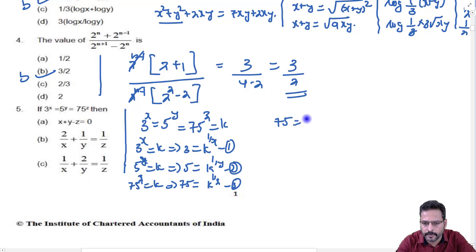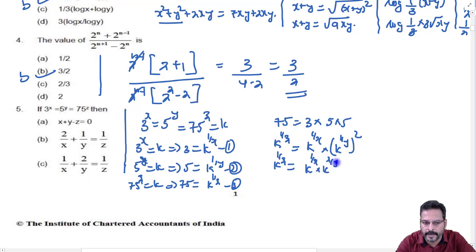Then we know that 75 is equal to 3 into 5 square. So taking RHS, k raised to 1 by z is equal to k raised to 1 by x into k raised to 1 by y the whole square. So k raised to 1 by z is equal to k raised to 1 by x into k raised to 2 by y.